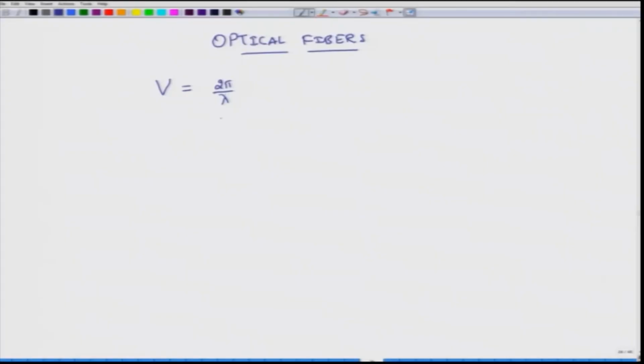So, this V number, which is a very critical parameter in optical fibers, is defined as 2 pi by lambda, where lambda is measured in free space, that is, not in the material medium which the optical fiber is made out of. So, you have 2 pi by lambda.